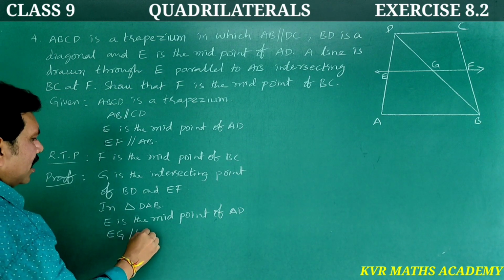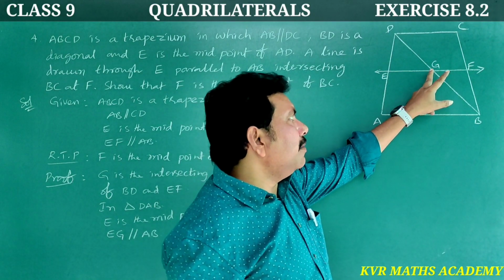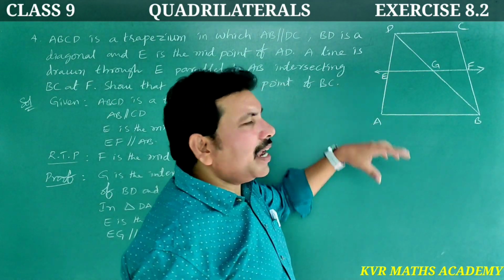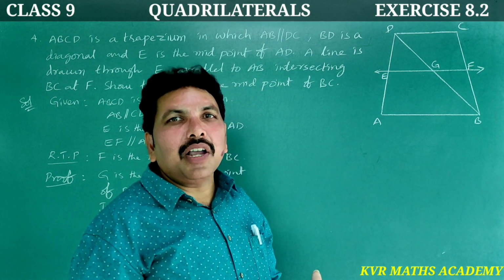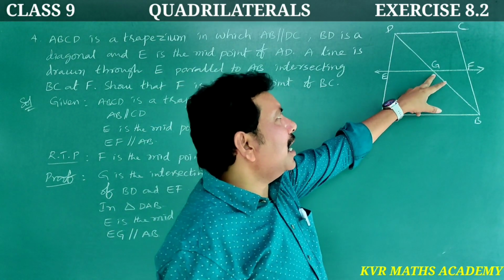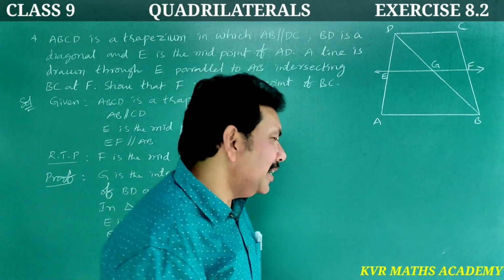Since there is a point G here, EG is parallel to AB. Right. So by the converse of the midpoint theorem, G is also the midpoint of BD.